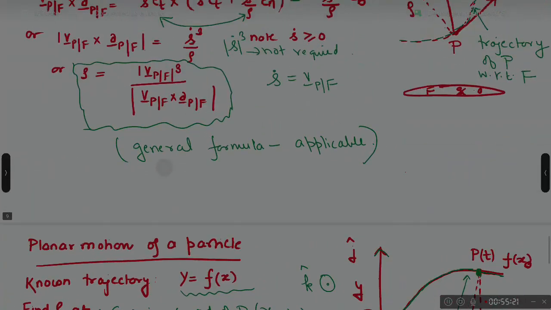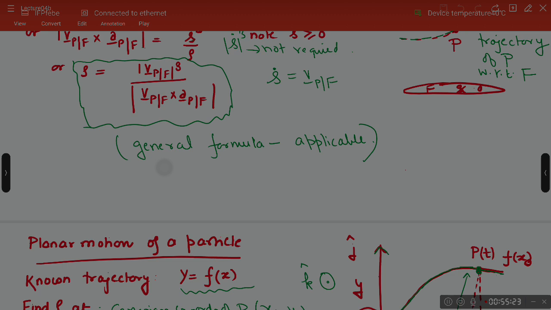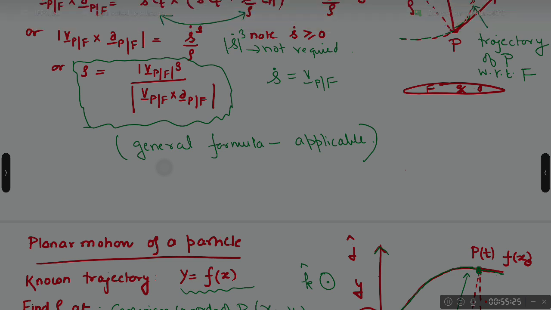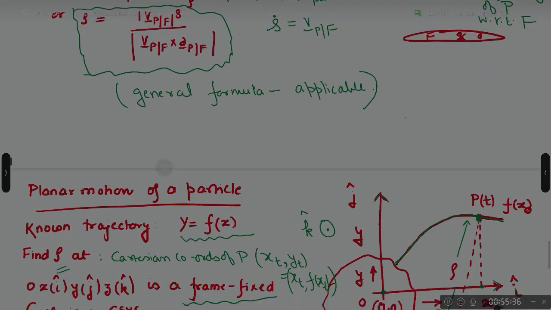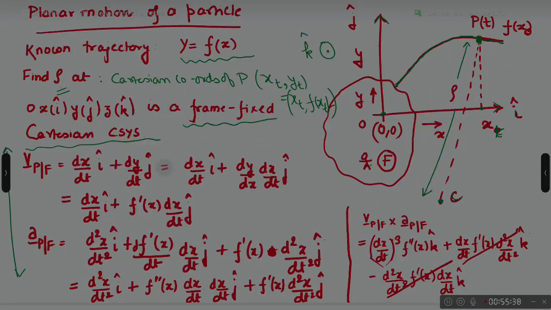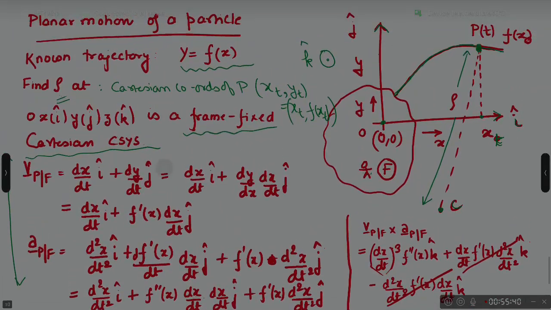Mind you, the expression I presented on the previous slide is general. For a general three-dimensional motion, it is true. The next expression that I am going to derive for rho is applicable only for those cases in which the particle is following a trajectory which is completely confined in one single plane.